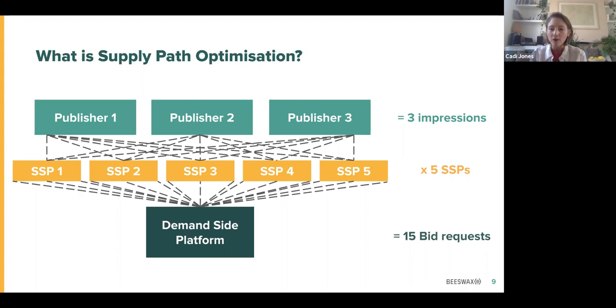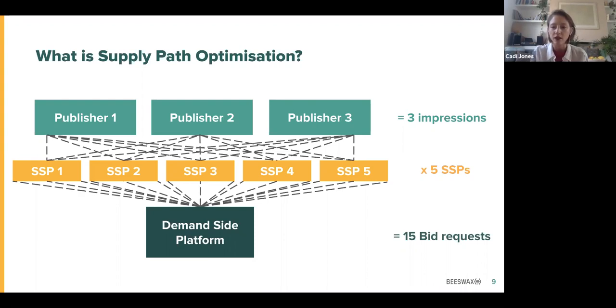And so what's really starting to happen is that DSPs have been trying to control their costs, and they've started to determine which supply side platform they want to use to access which publisher's inventory.